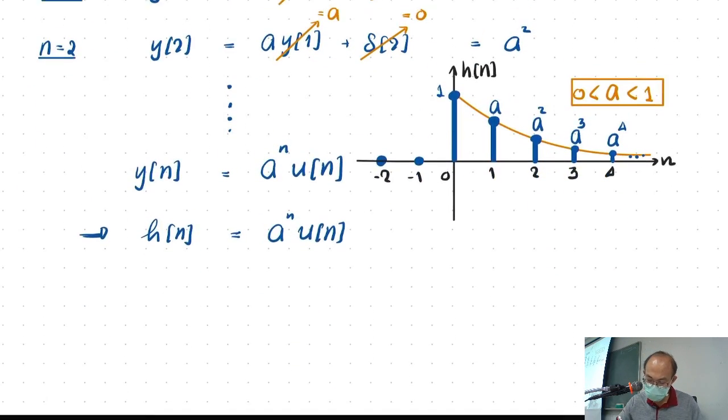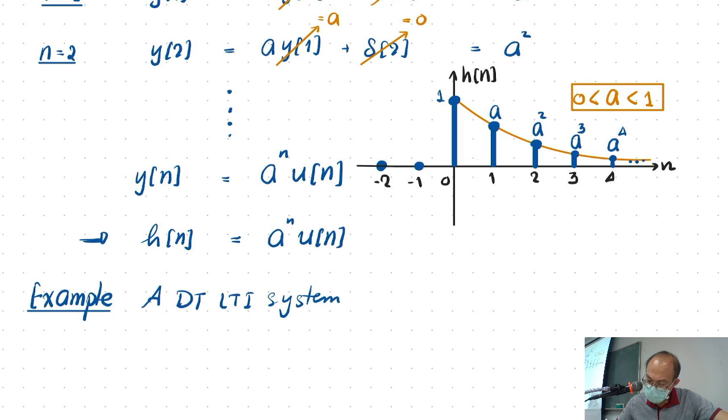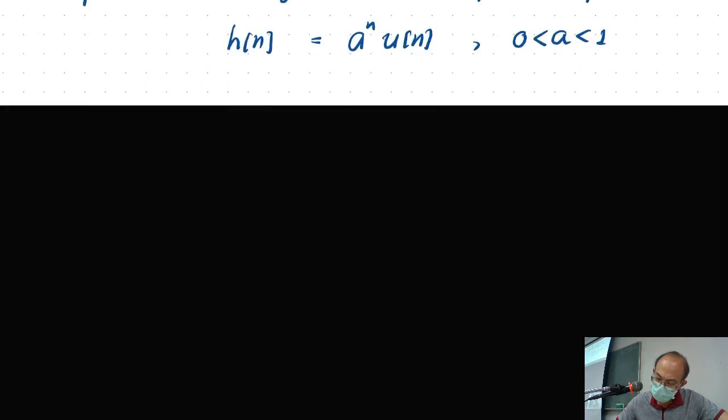Now let's do another example. Let a discrete time LTI system with the impulse response h of n equal to a to the n u of n, where a is between 0 and 1, right?